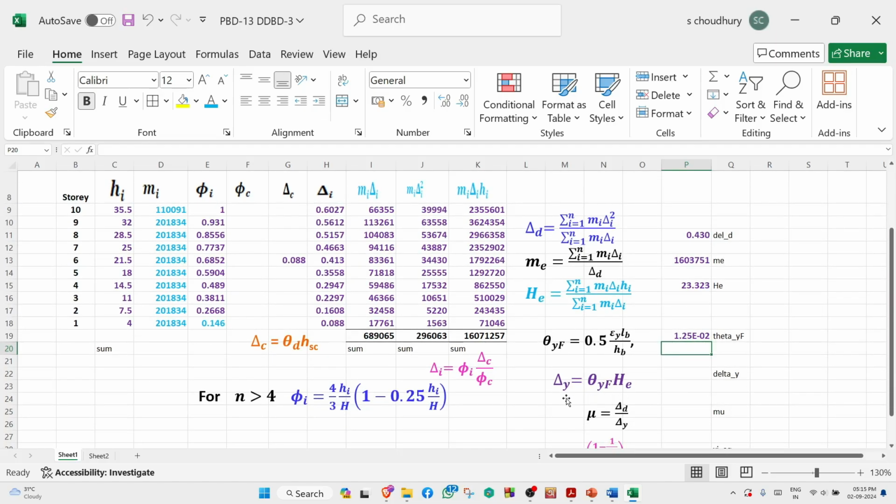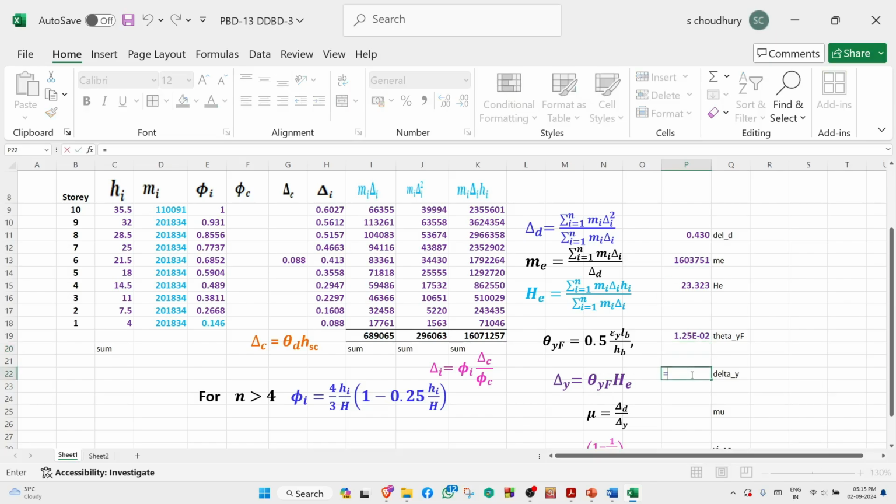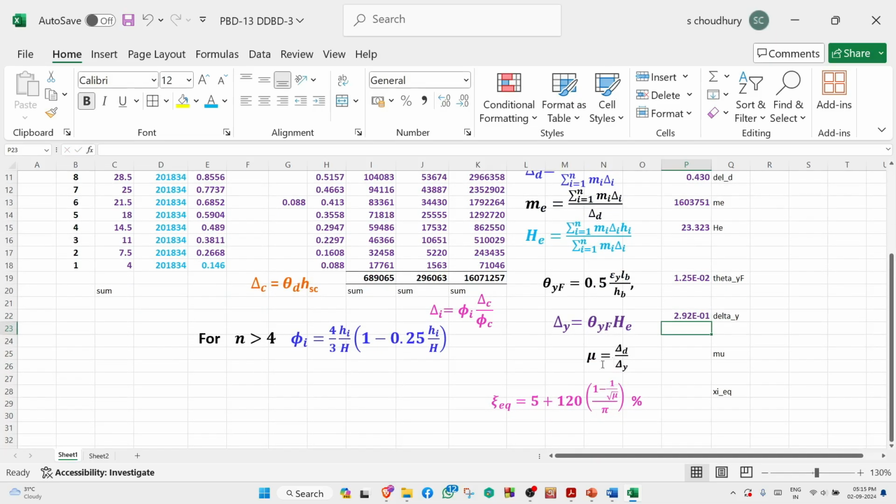Then we need to find the yield displacement, which is this yield rotation value times the effective height. So this is very simple to calculate, equal to this value star HE. So this is your delta Y in meter.